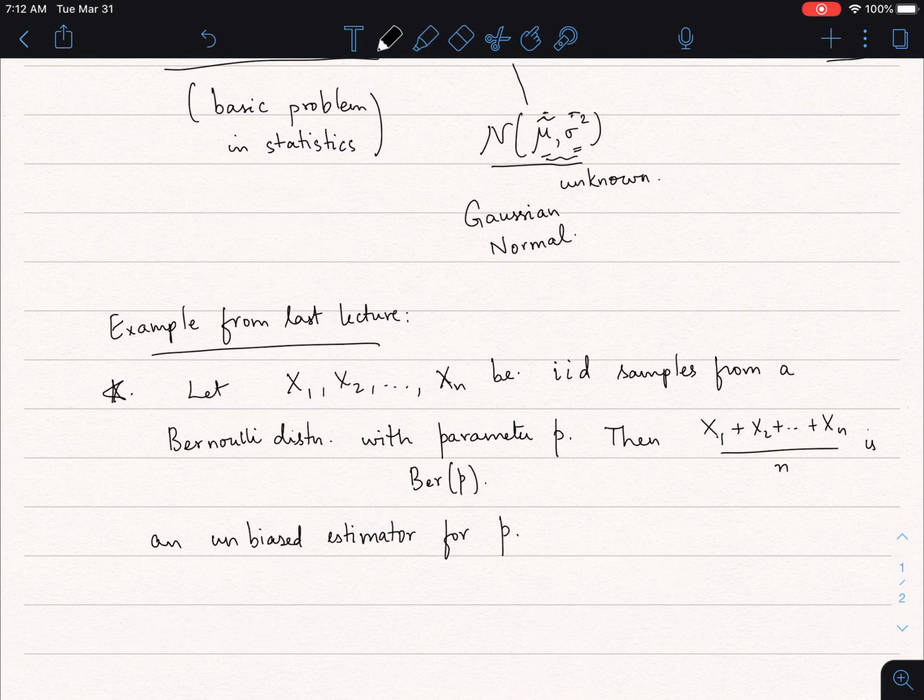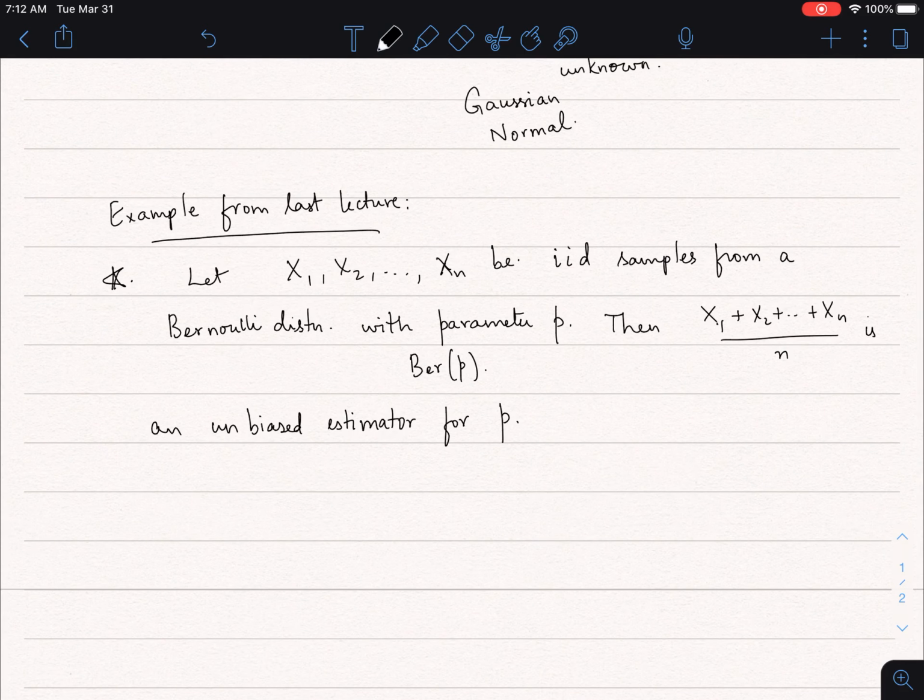This is just a fancy way of saying that the expected value of x1 plus x2 up to xn divided by n, when x1, x2 up to xn are all drawn from Bernoulli of p, is equal to p.